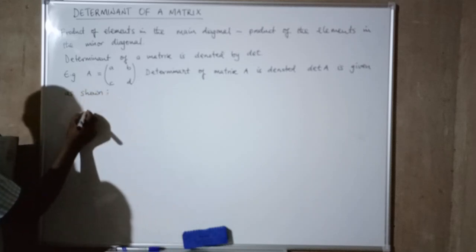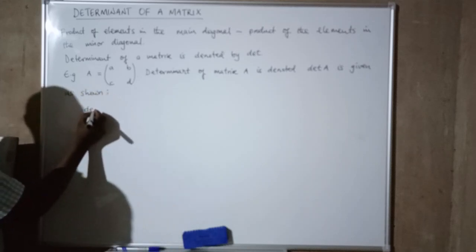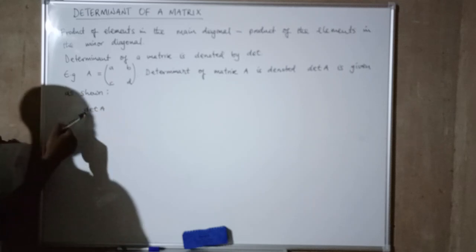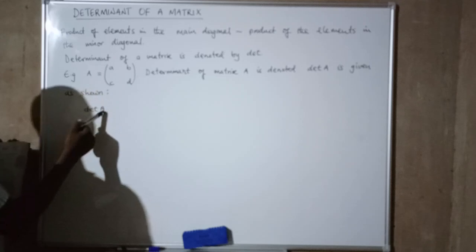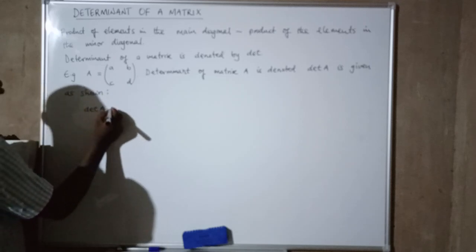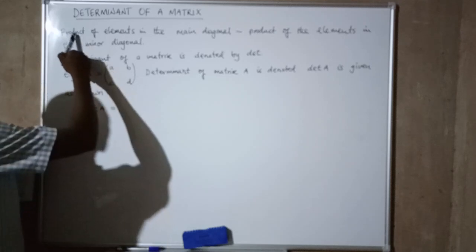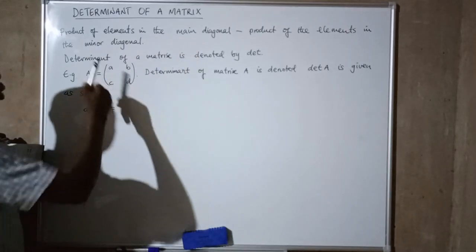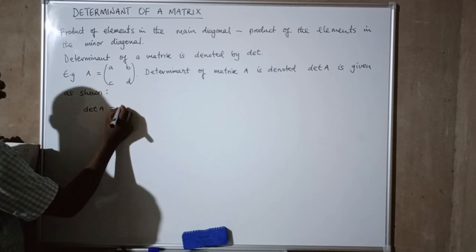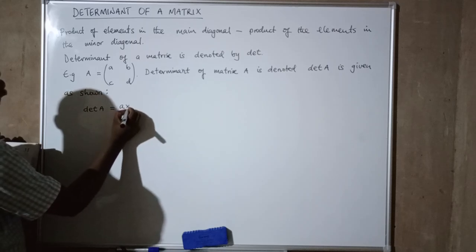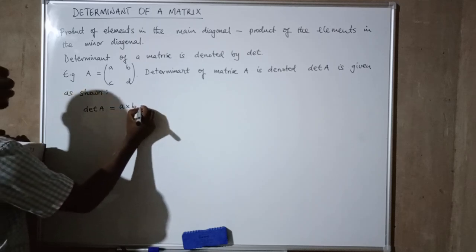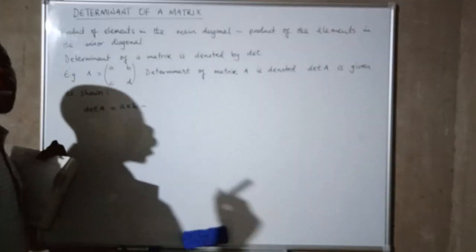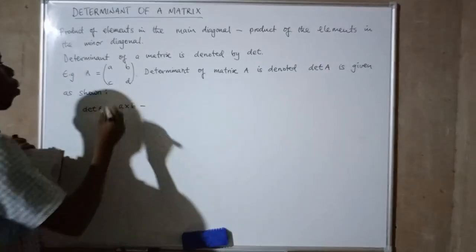So we'll say DET of A, which can be read as the determinant of matrix A, is going to be the product of elements in the main diagonal. So this is the main diagonal, their product means A times D. Then minus the product of elements in the minor diagonal.